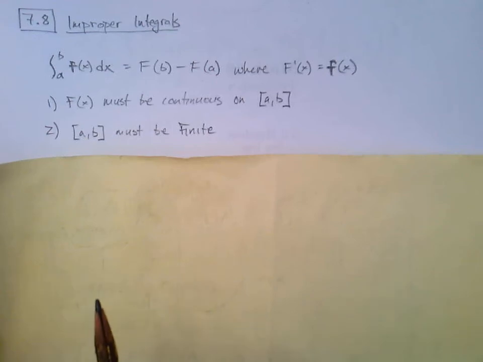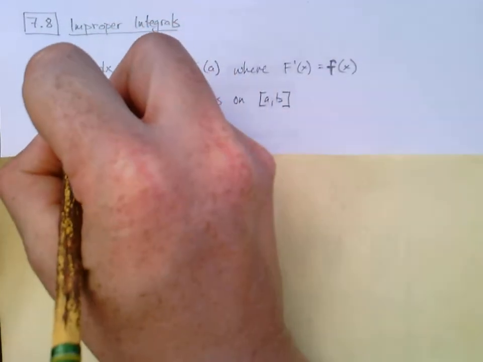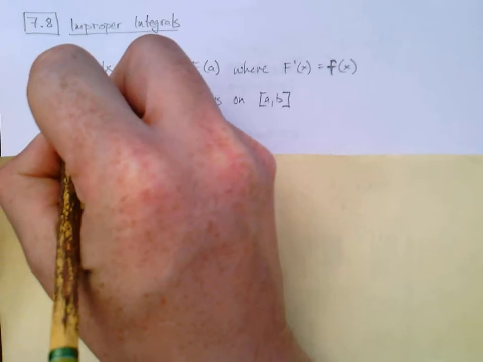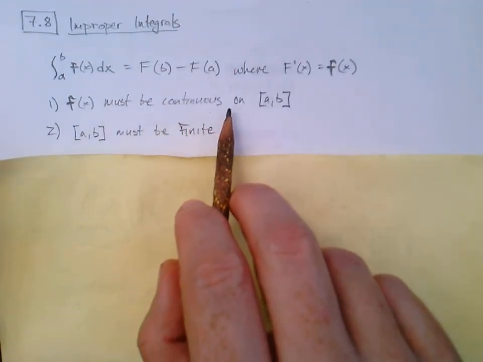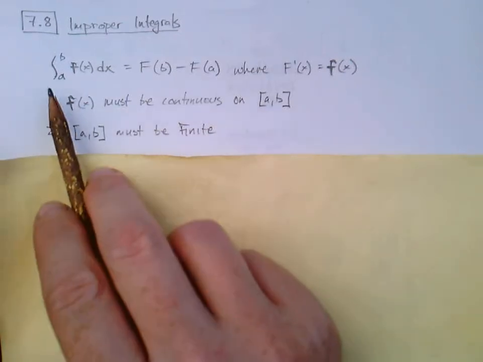Along with the fundamental theorem of calculus, there are two conditions. Sometimes these are stated clearly when you first learn it, sometimes not, sometimes just one of them. The first is that our function f of x must be continuous on that interval from a to b.